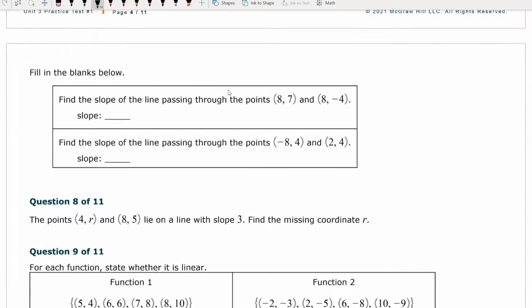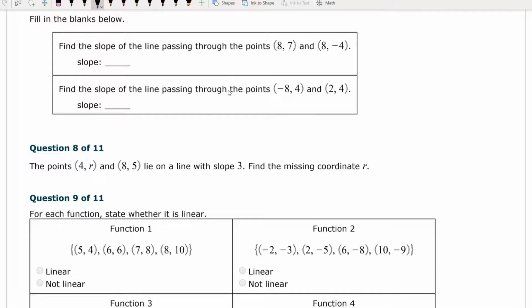Number 7. Fill in the blank below. Find the slope of the line passing through the points (8, 7) and (7, negative 4). We can use the slope formula: m equals y2 minus y1 over x2 minus x1.